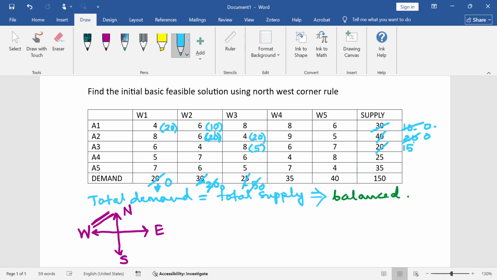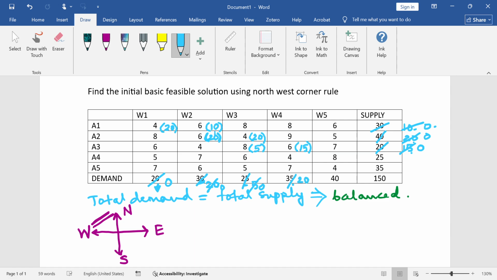So now we have exhausted W3 also. The demand has been met. But we still have a supply of 15 with A3. So the next possible cell where we can make an allocation is in A3W4. Now here we see that the demand is 35 but the supply is 15. So we can allocate 15. So this particular supply gets exhausted and here we are left with 20.